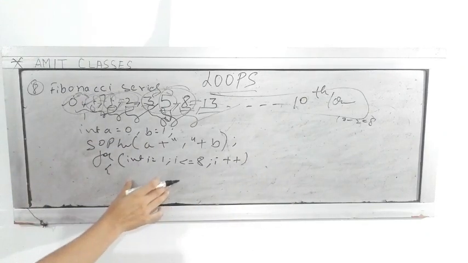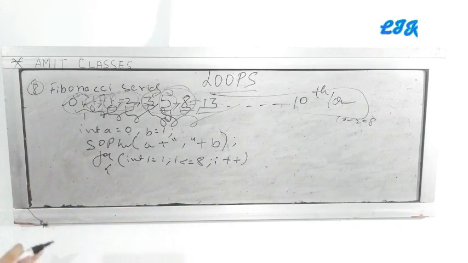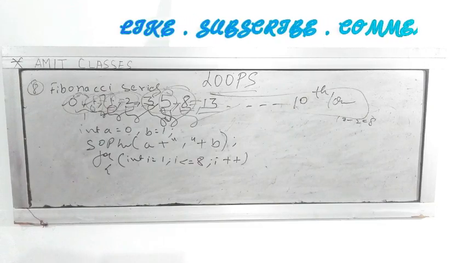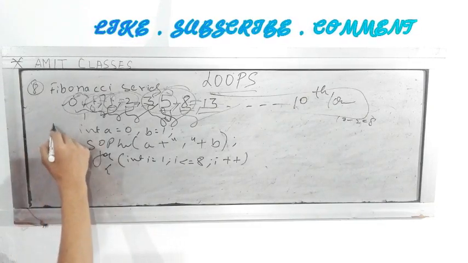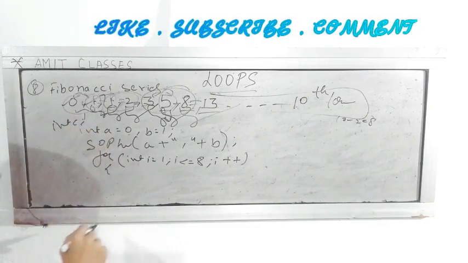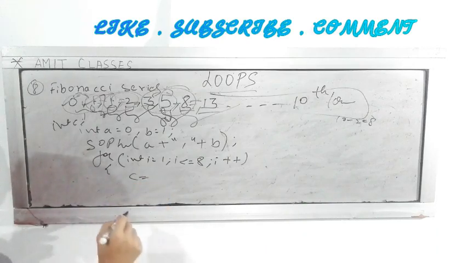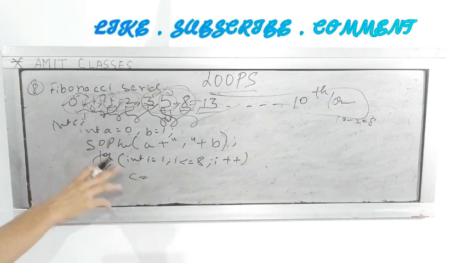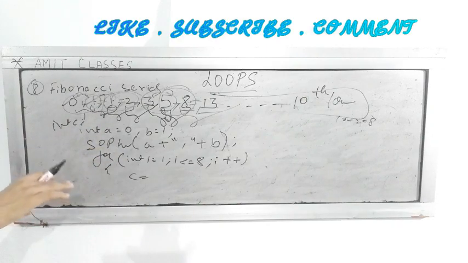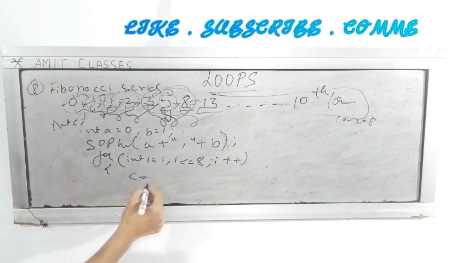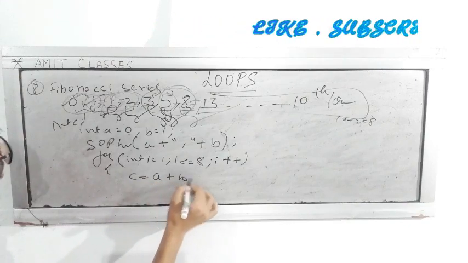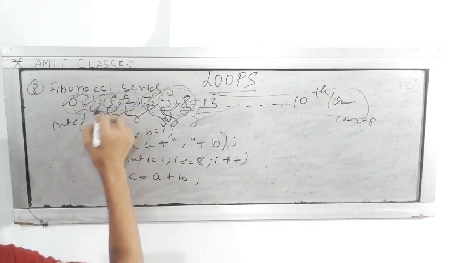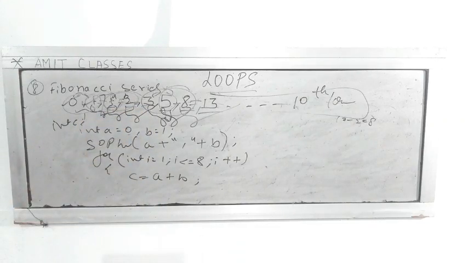So we have run the for loop, and now we will take one variable int c. c is equal to a plus b. If a is 1 and b is 2, then c is equal to a plus b.